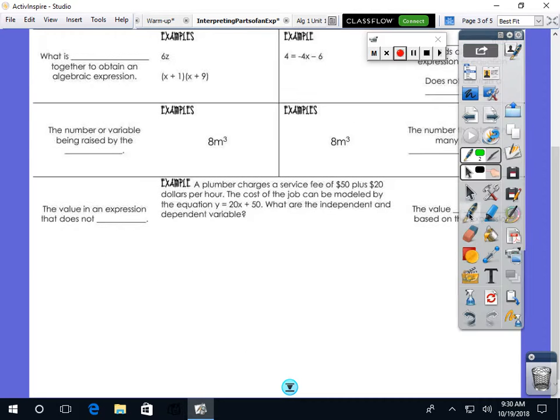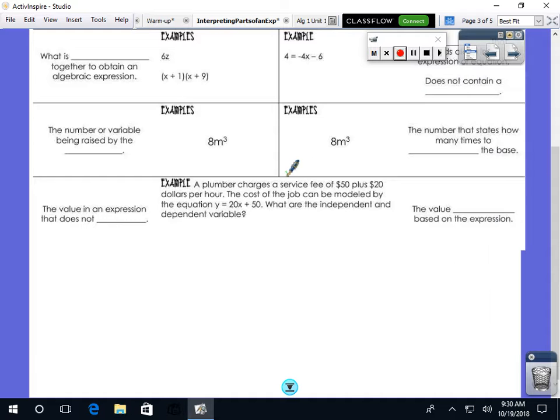On the left side is the definition of independent variable, and it is the value in an expression that does not change, because it's independent. It does not depend on anything, so it won't change. It's what determines the other things changing, and then the dependent variable is the value that changes based on the expression.